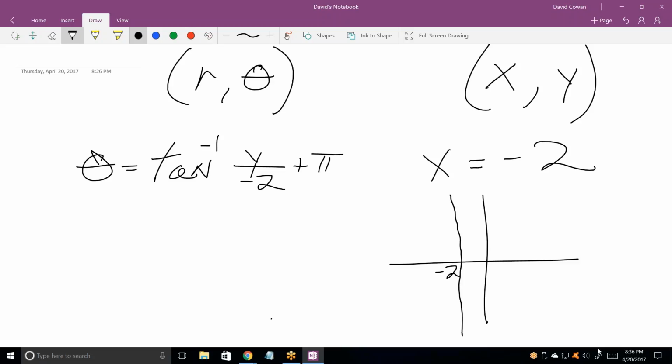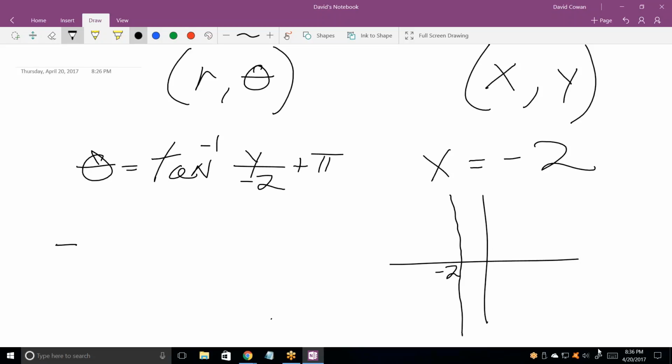Sorry, I'm just looking at my notes to see if we did any examples of this in class too. Well, what could this be? This is where we need to use that x squared plus y squared, I think. Or could it be where we need to use x equals r cosine theta? So instead of having x be x, we could replace x with r cosine theta and find r.